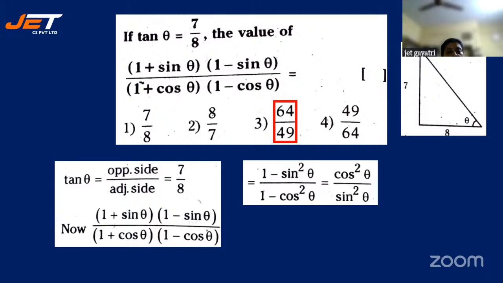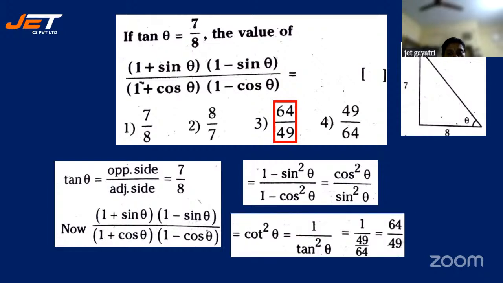Meanwhile, we know (a plus b) into (a minus b) is a square minus b square. So 1 minus sine square theta is nothing but cos square theta. 1 minus cos square theta is nothing but sine square theta.